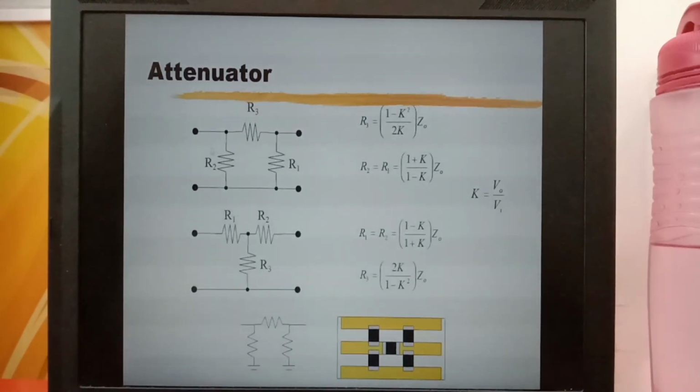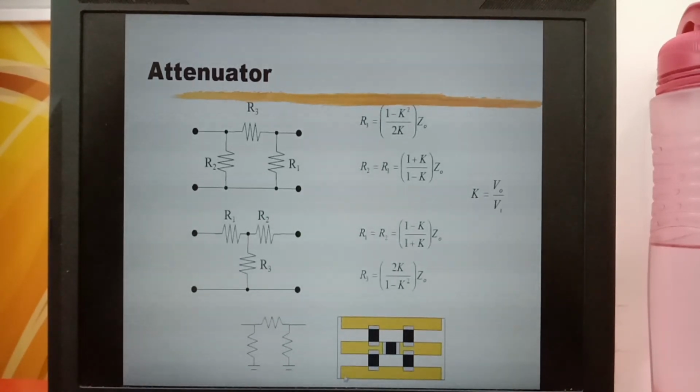This can be done by selecting the values of R1, R2 and R3 according to this formula for the pi network and according to this formula for the T network.